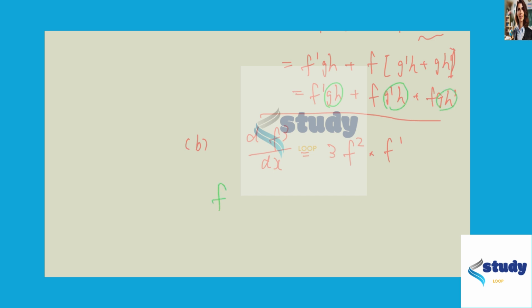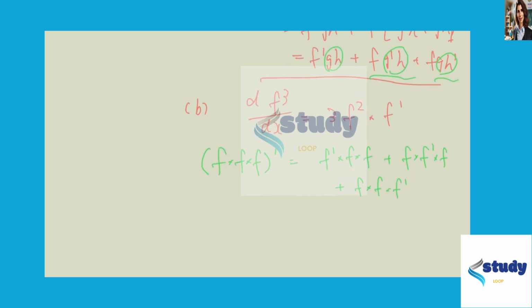So we get f times f times f. The derivative of this will be equal to f prime times f times f plus f times f prime times f, which is this term. And the third term is actually f times f times f prime.